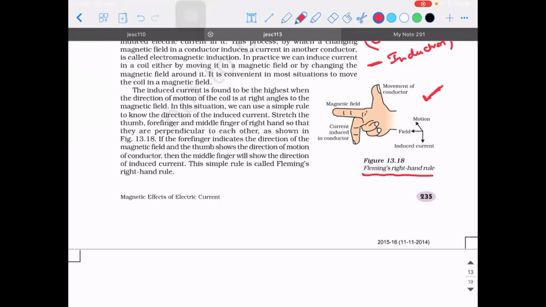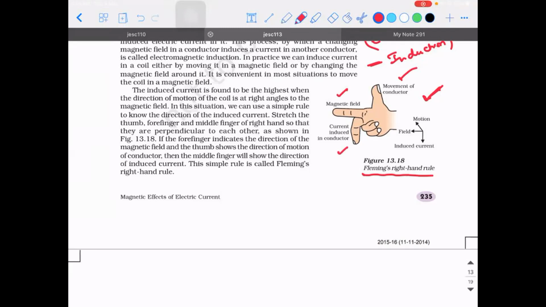In the right hand, you stretch the thumb, the forefinger, and the central finger mutually perpendicular to each other in such a way that the thumb shows you the direction of what? The motion of the conductor.